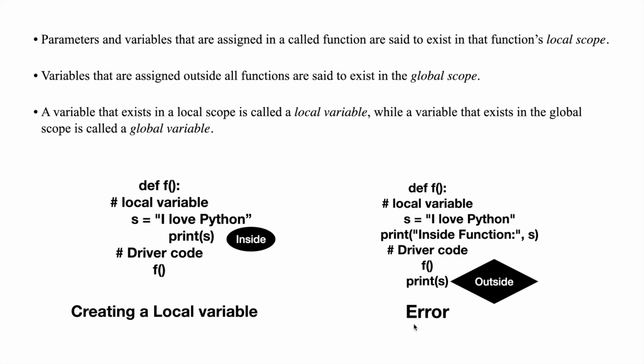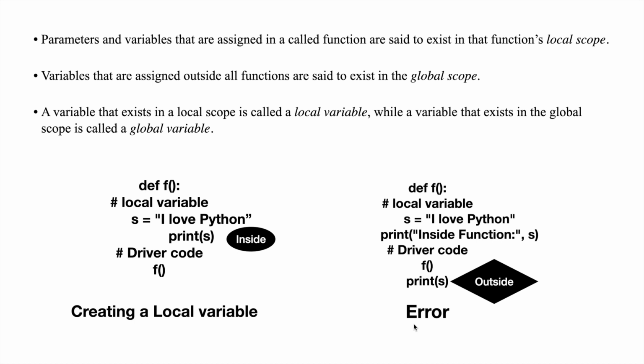So whenever you create a function, and whenever you use a variable inside that function, based on that we can categorize that variable as a global variable or a local variable, or whether it has a local scope or a global scope.